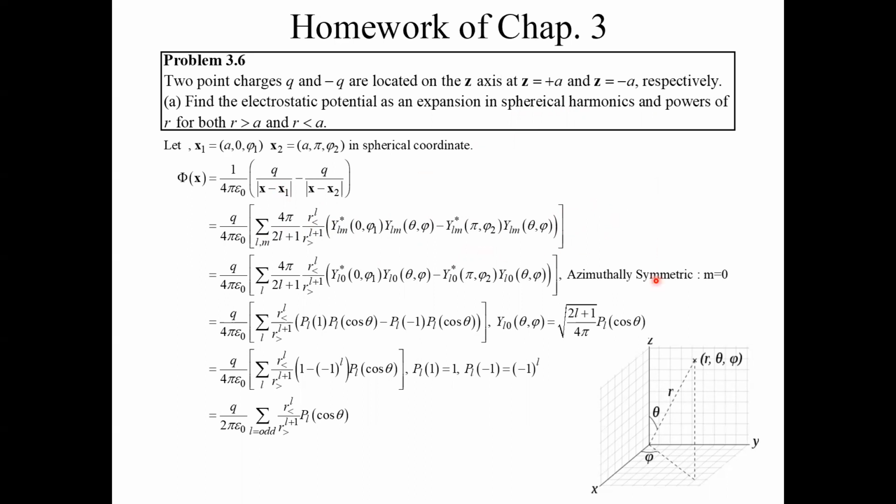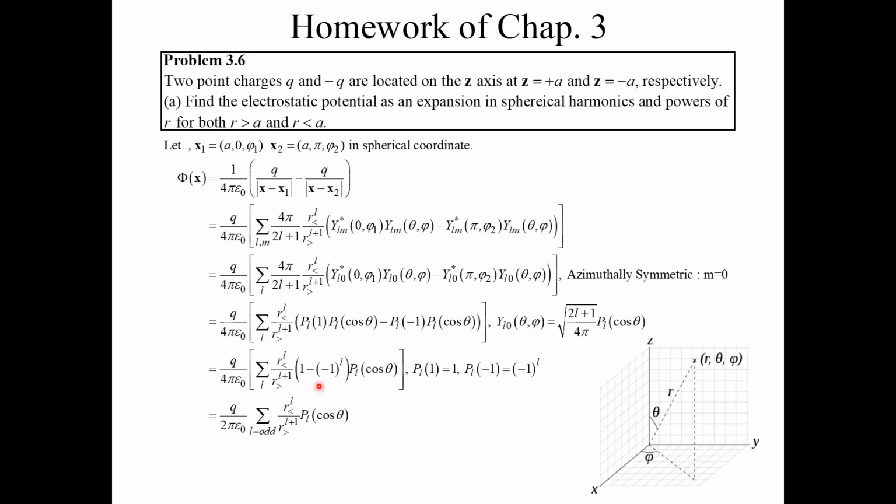Since there is azimuthal symmetry, m equals 0. Next, our spherical harmonics can reduce to this Legendre polynomial. This one has a relation here, and this one has a relation here, and we can reduce again.